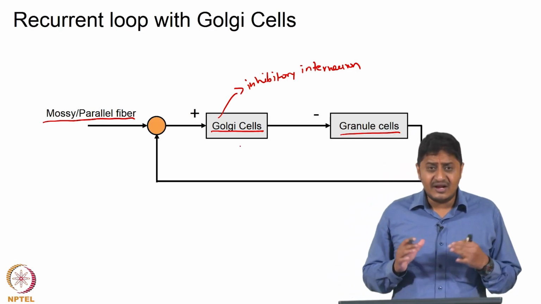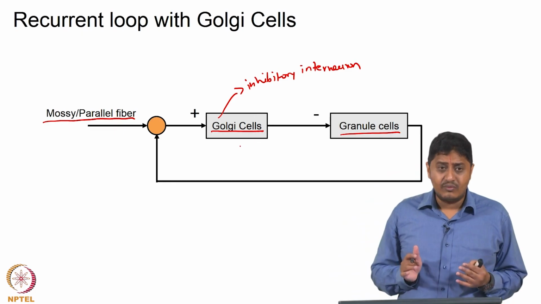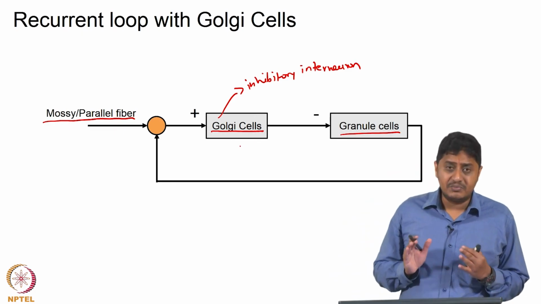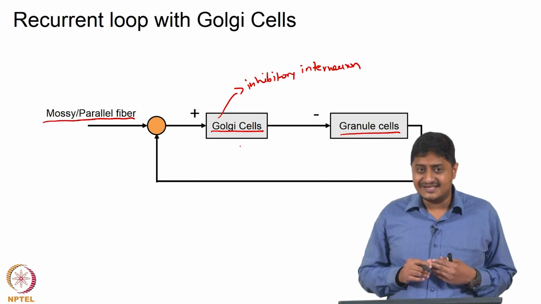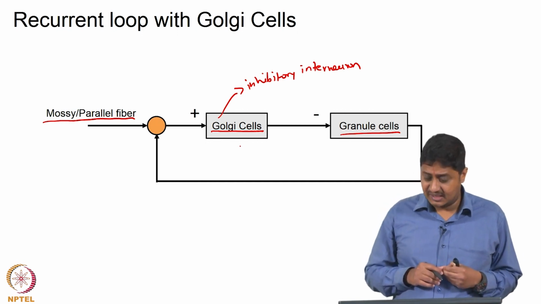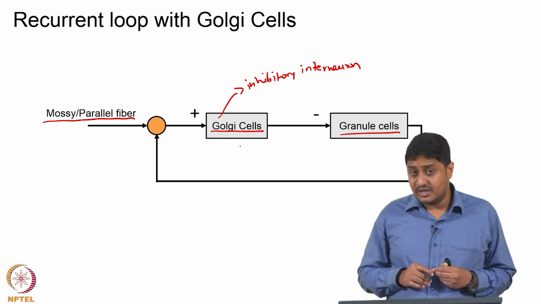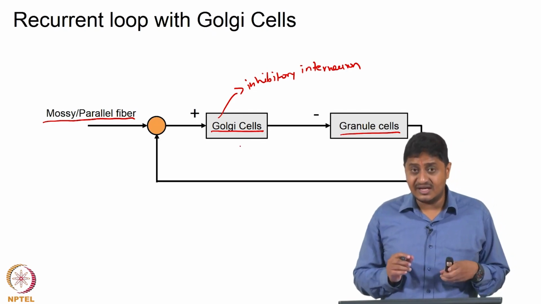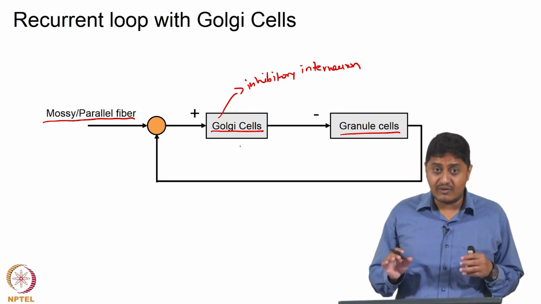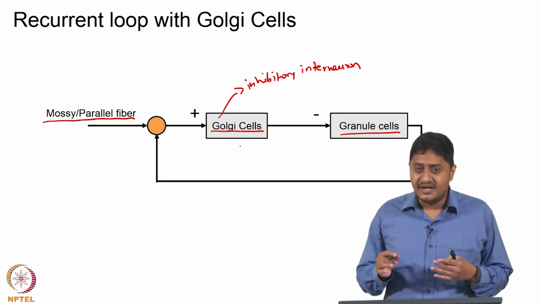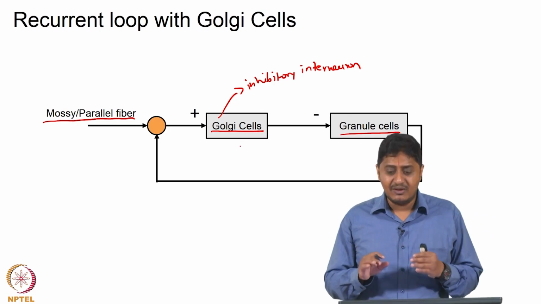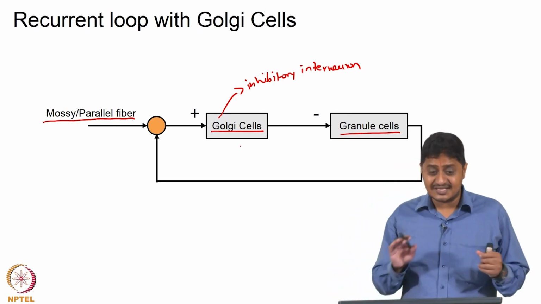Granule cells are very large in number. We have 100 billion granule cells. If all of these are active simultaneously, it is not clear what information is being communicated. So, to ensure that we get the information that we want while avoiding unwanted information, in other words noise, it is important to keep a large number of these granule cells silent.